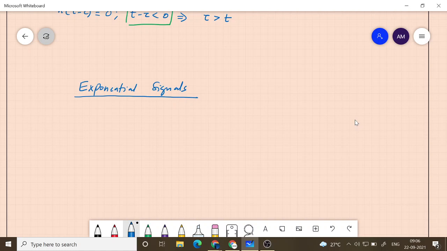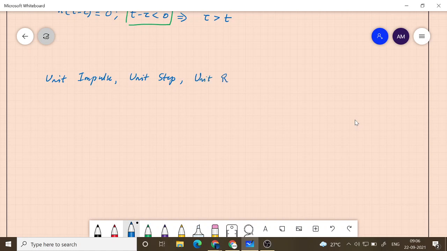We could extend that class further also. Before I go to exponential signal, let me extend that class of signals. So the class is: unit impulse, unit step, and next is unit ramp, then unit parabolic, etc. They have a relationship with one another.